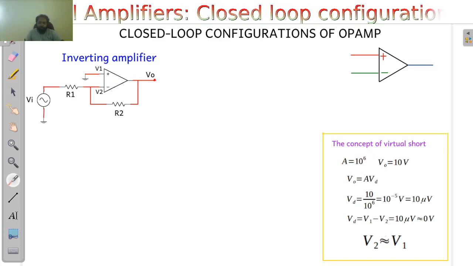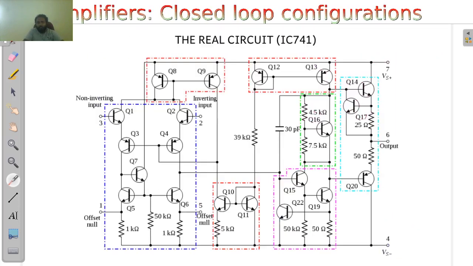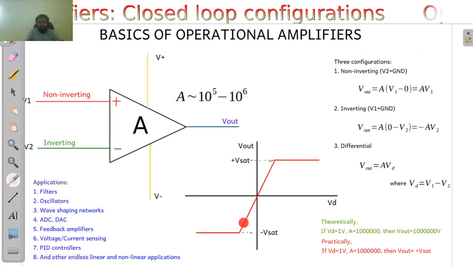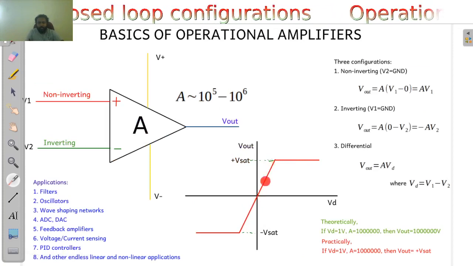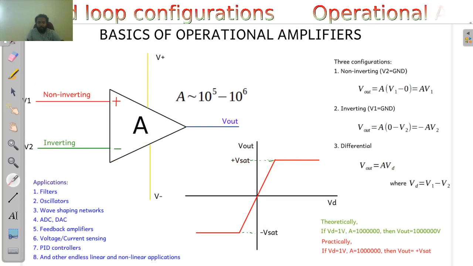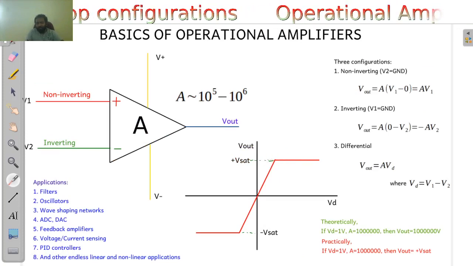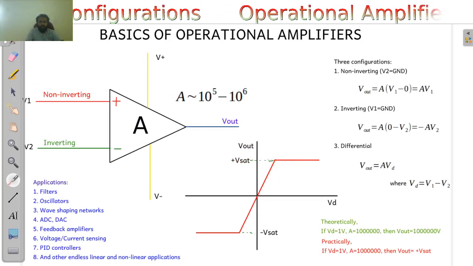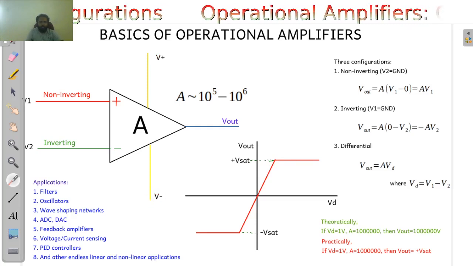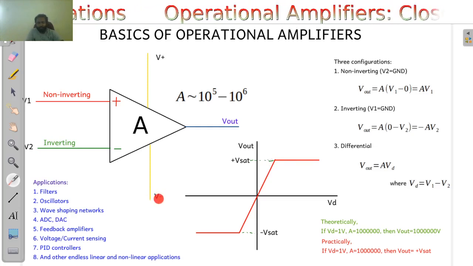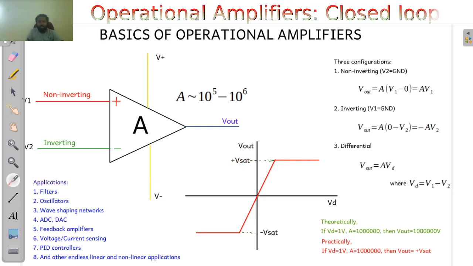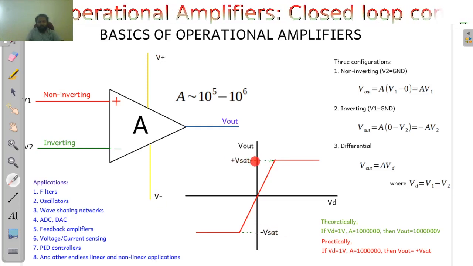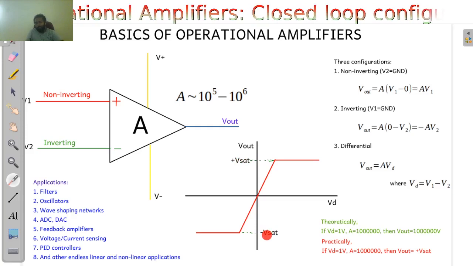Suppose you are trying to use the operational amplifier in the linear range. It should not go beyond the saturation voltages. Suppose your positive and negative power supplies are plus 15 and minus 15 volts, then your saturation voltages come between plus 13 and minus 13 volts.